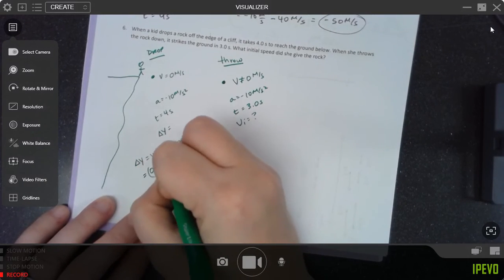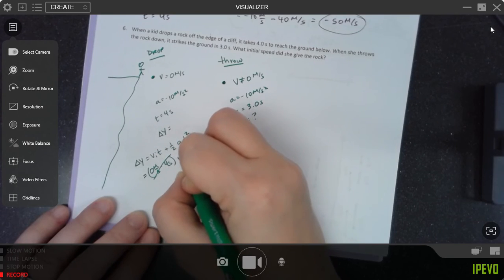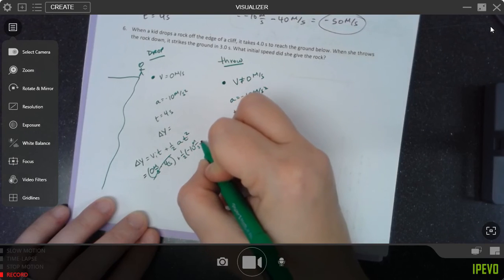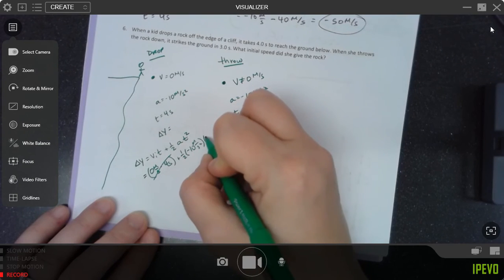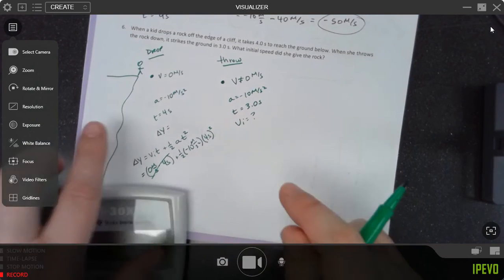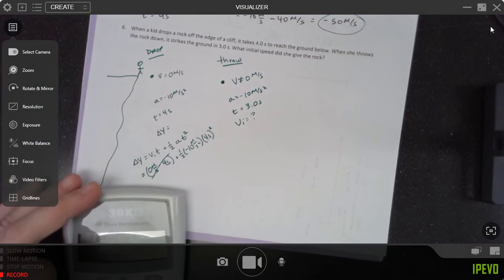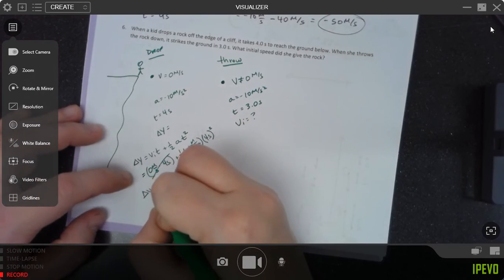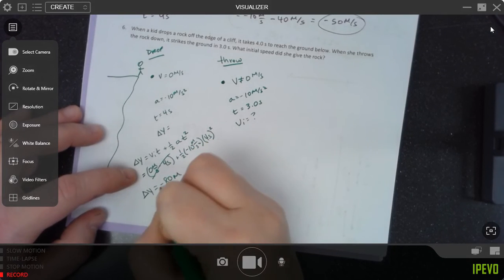So that's going to end up being 0, and we don't need to worry about it. Plus 1/2 times minus 10 meters per second squared times our time squared, which is 4 seconds. So we're going to need to do 16 times minus 10 divided by 2. That tells us that our displacement is minus 80 meters. So that's how much it fell.